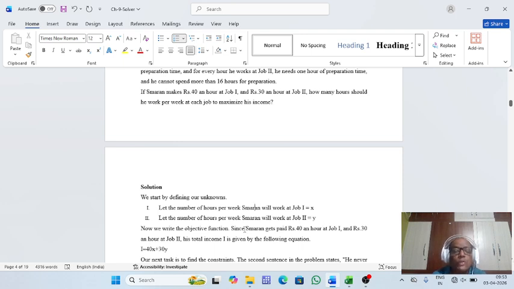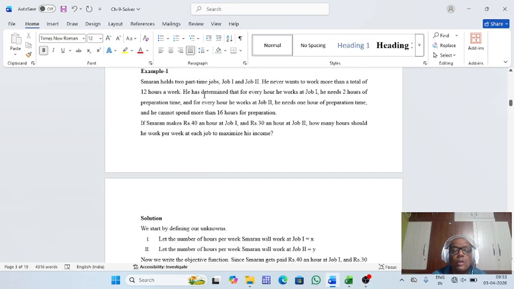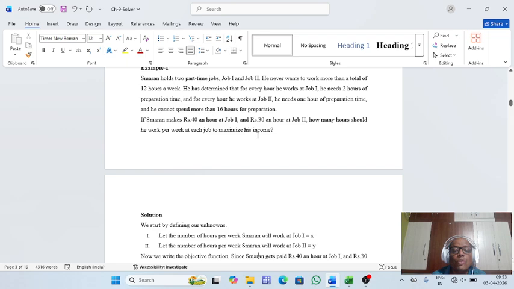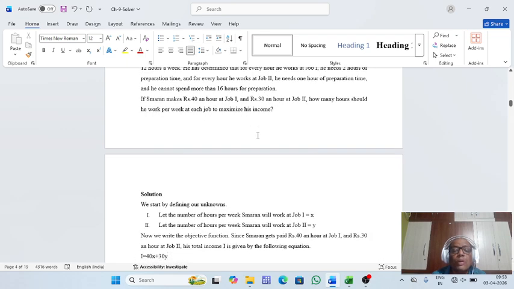So if we see this, the first constraint is that he will be getting 40 rupees from job 1 for each hour and 30 rupees from job 2 for each hour.